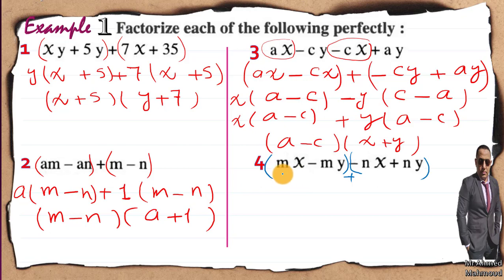In the first one, m is a common factor: m open bracket x minus y. Here the common factor is negative n.